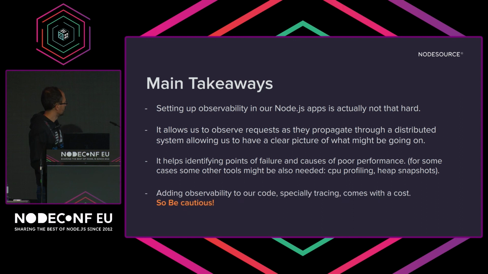And one last thing is that adding observability to our code is great, but you have to be careful because it's not free. Depending on the tool, and especially on the amount of data that you're trying to collect, your performance is going to suffer from that. So there's always a balance there, okay?